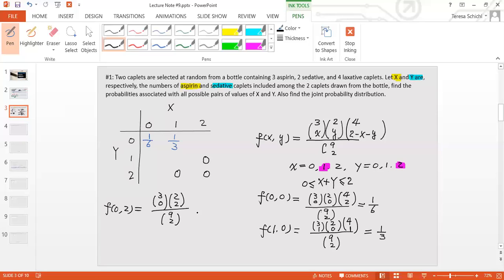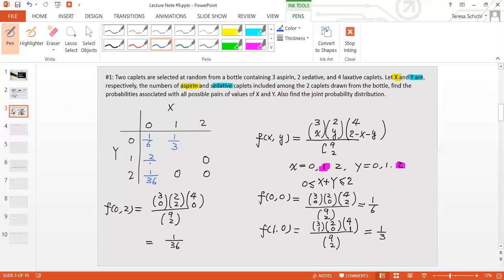If sedative is 2, do you take any laxative? No, so it's 4 choose 0. If you put this into your calculator, you will get 1/36. All right, so this is 1/36 here.